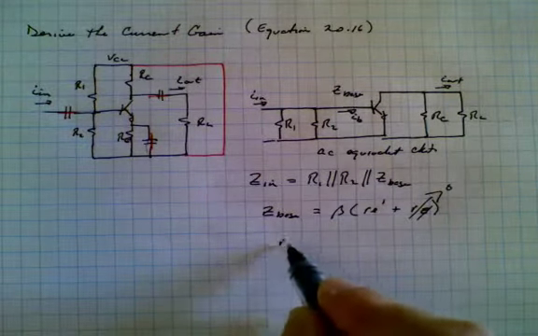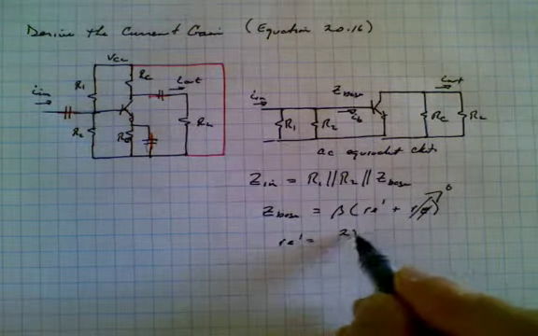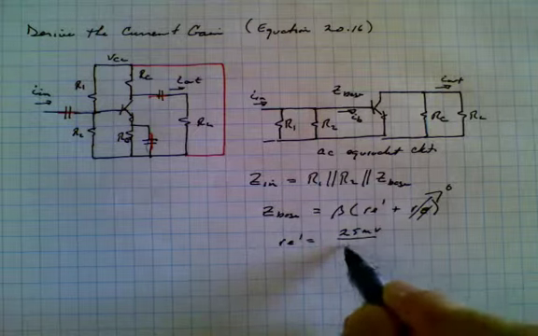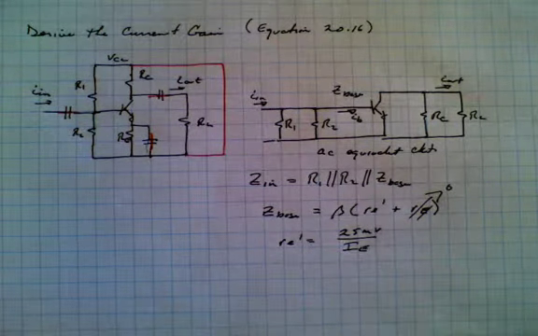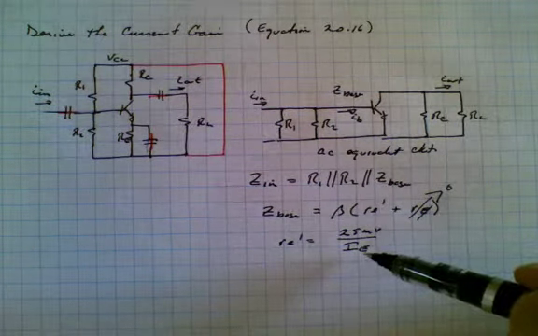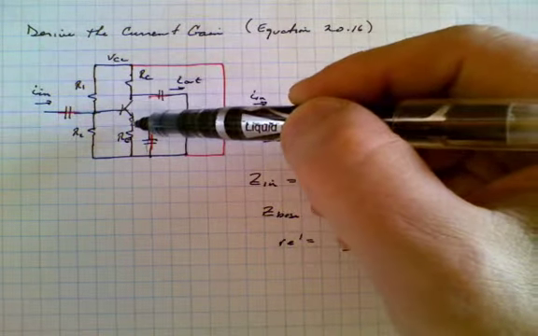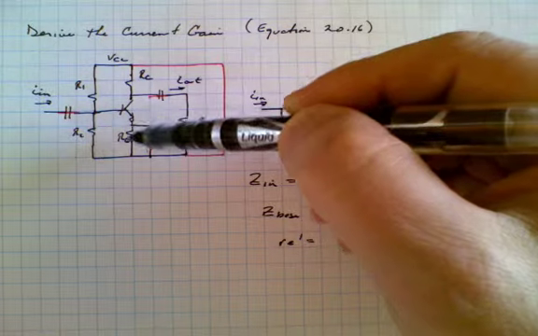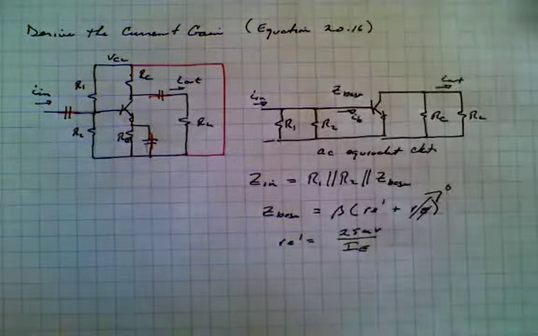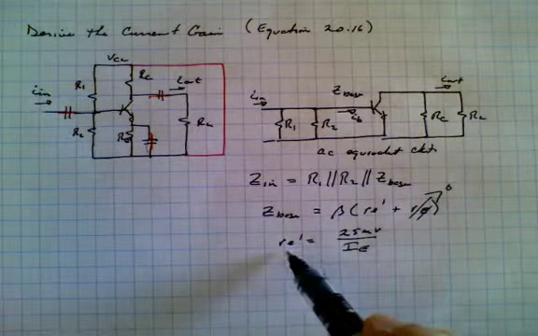Re prime, you'll recall, is equal to 25 millivolts divided by the DC current in the emitter. So to find the DC current, we have to first find the base voltage, then the emitter voltage, then divide that by the emitter resistor, plug that into here, and that will give us Re prime.